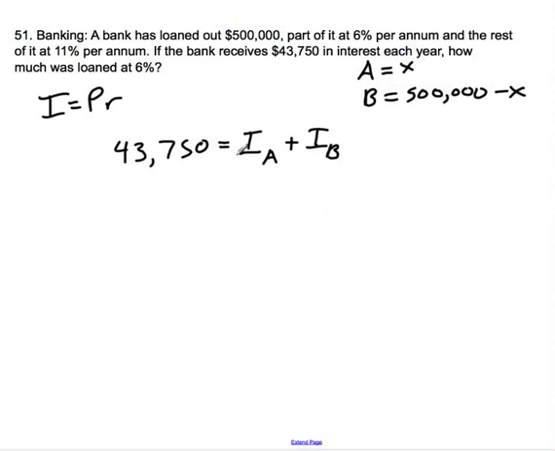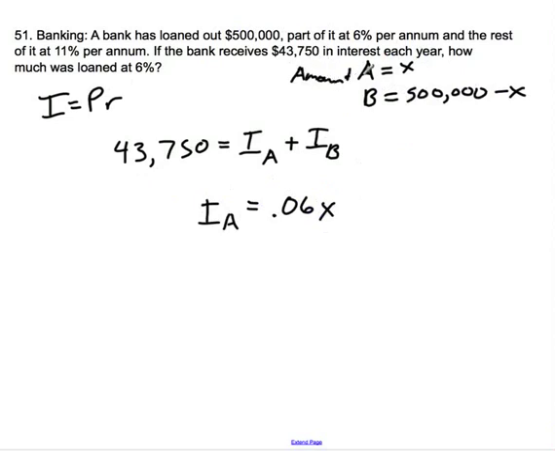So when we put this information together, the interest at A is going to be my principal times my rate. My principal is going to be X, the amount I'm going to loan at A. My rate is going to be 0.06, because I need to do it in decimal; we don't want to do anything in percents.